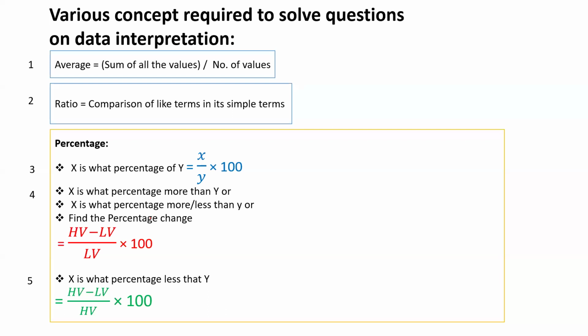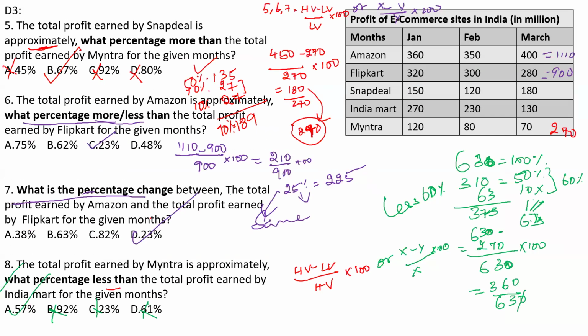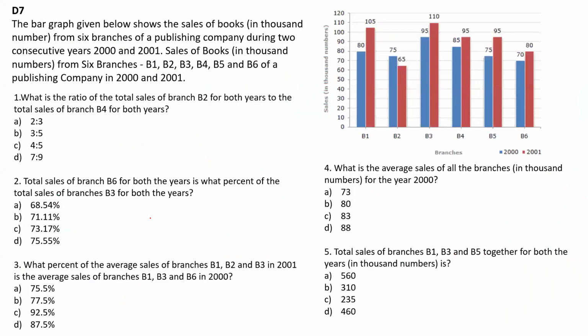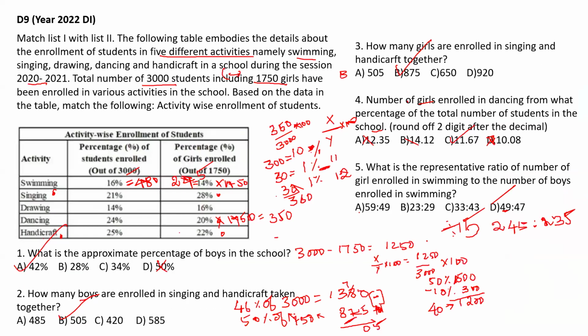Ma'am, that 350, which question? The fourth question. Can you explain that, ma'am? I want to know how the 350 came. See, they are asking the total number of girls enrolled in dancing, what percentage of the total number of students in the school?